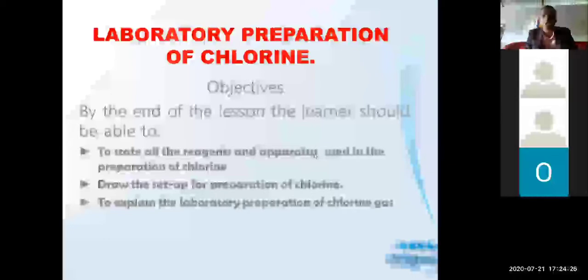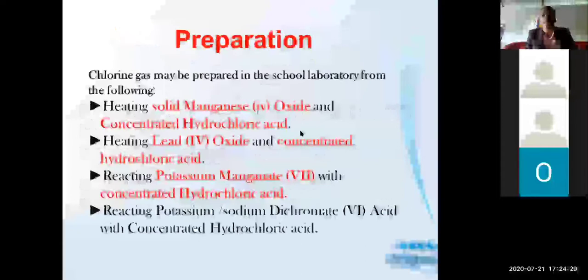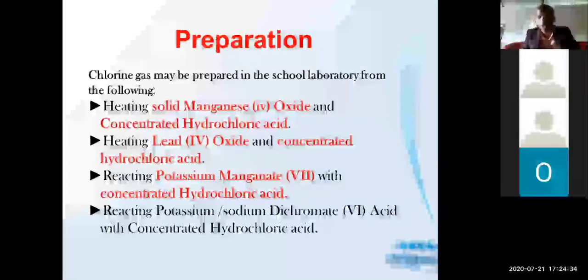Let us now see the next slide. Now this is the preparation. Now we are preparing the chlorine gas. And I want to tell you this, the chlorine gas should be prepared in the fume chamber or in an open area, open air. It should not be just prepared in the normal laboratory where you always prepare oxygen gas, hydrogen gas.